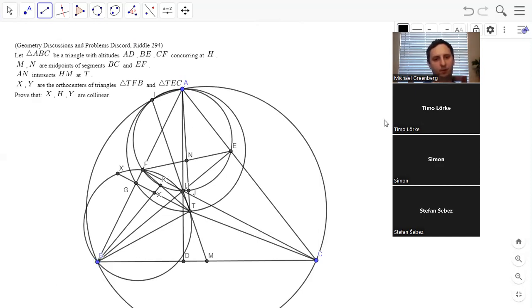Yeah, by the power of a point. Okay. So if that's true, we don't even really need X. Yeah, I'm just thinking of ways we can simplify the problem.